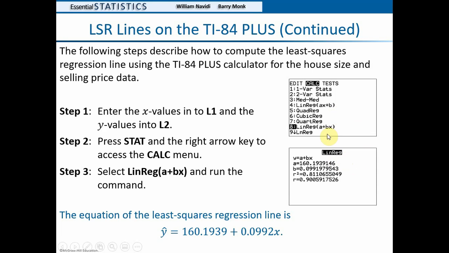You're going to let it know this is L1, L2. It'll give you the R value. It lets you know the order of these things, A plus BX. Our A is 160.19 and our B is 0.0991976. Okay, gives us the very same thing from there.